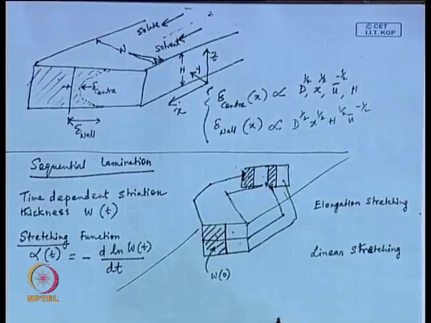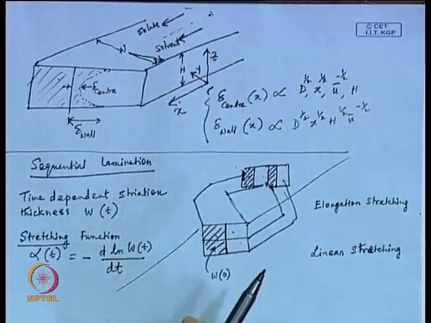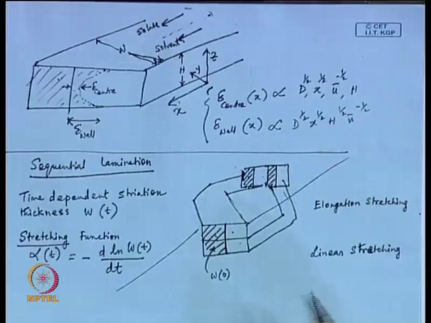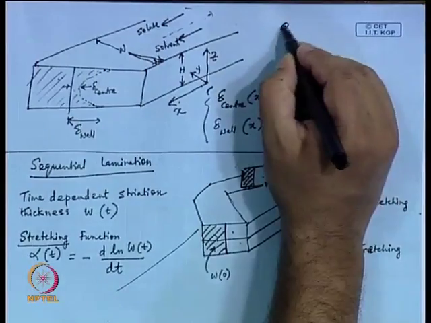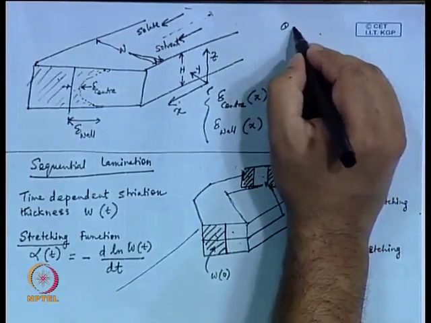My objective of putting this sequential lamination is that I have to take 2 points which are adjacent to each other from one place to another. Suppose there was a point here, and another point here.